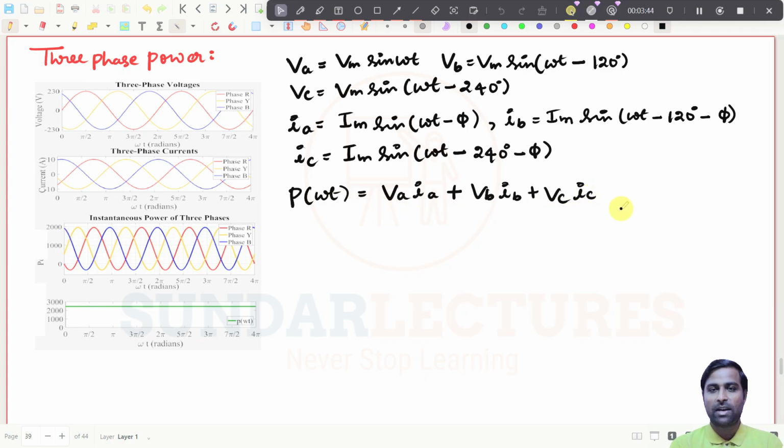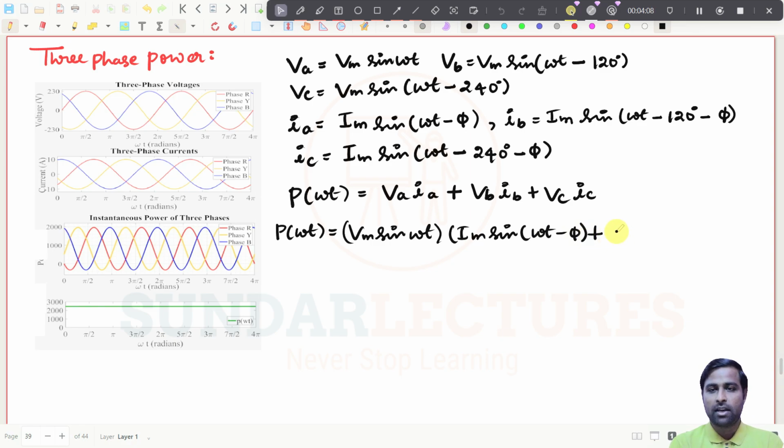Now we have to multiply all these. So P of omega t will be equal to Vm sine omega t multiplied by Im sine of omega t minus phi, that is the first one.